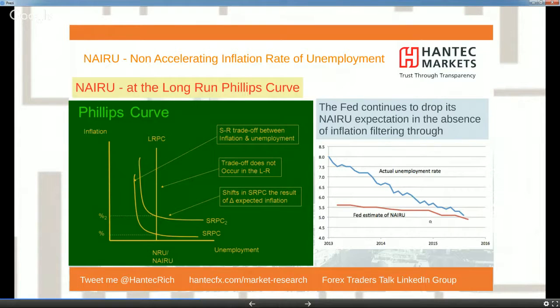So the estimates of NAIRU were continuing to change, because economic cycles tend to be different from one to another, you get different levels of NAIRU, and the non-accelerating inflation rate of unemployment seems to have been falling and falling in the last few years.